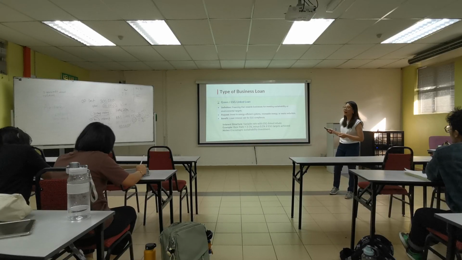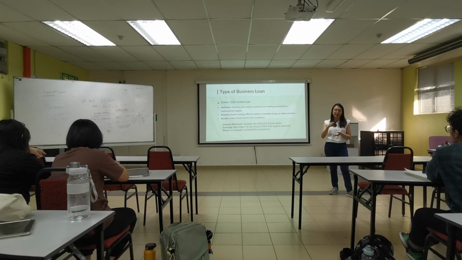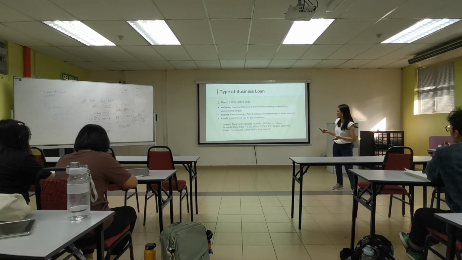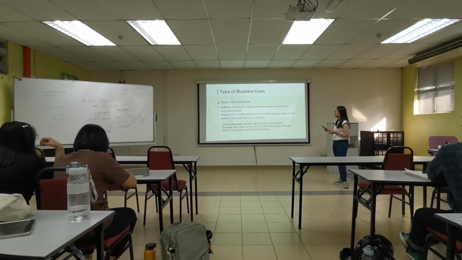Then the bank also has a set of indicators to judge whether this business has met at least the minimum requirement for the ESG indicator. After doing the analysis and evaluation, only then will the bank decide whether to grant the green loan to the business, with a lower interest rate for ESG compliance.